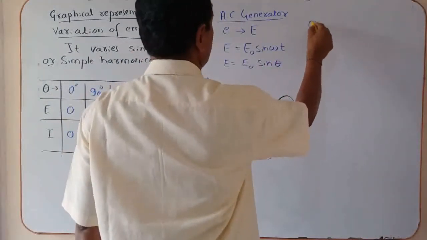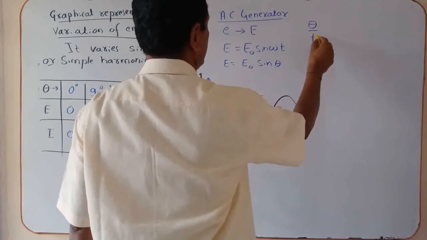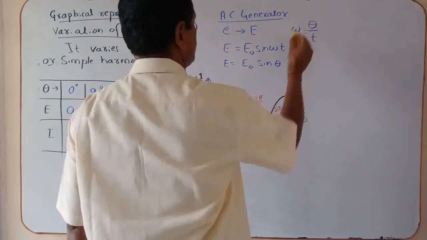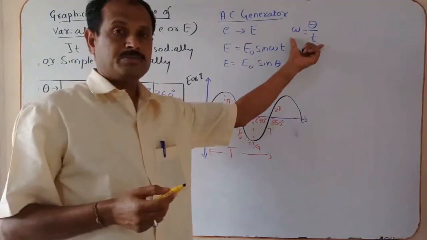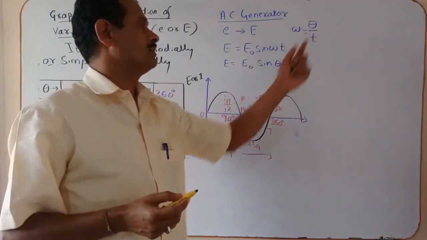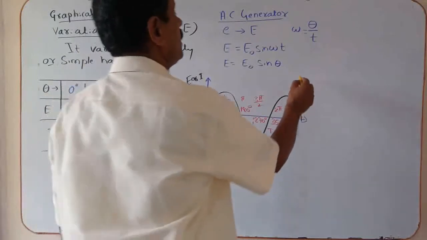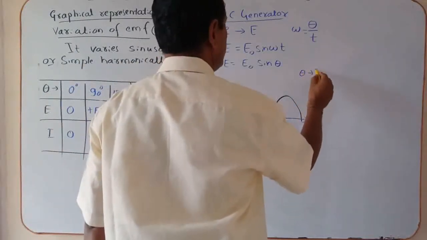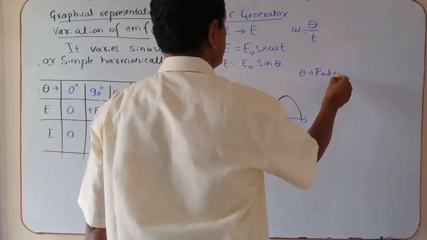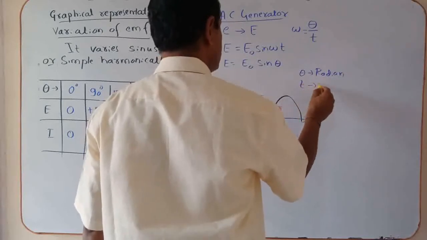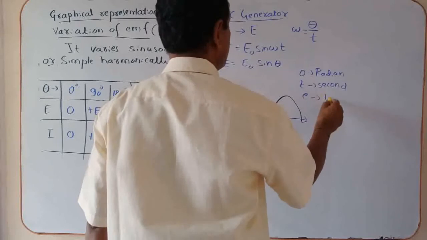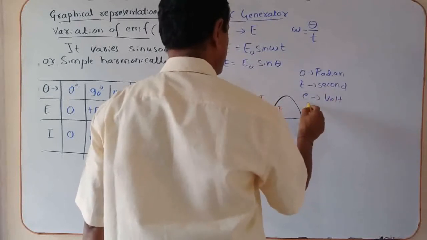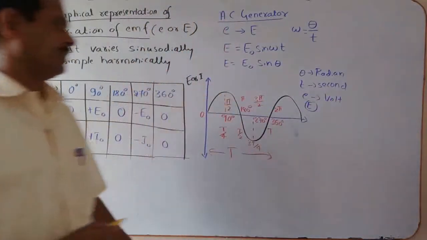If it covers the angular displacement theta in time t, then theta by t is said to be angular speed. Theta is measured in radian, t is measured in second, and EMF is measured in volt.